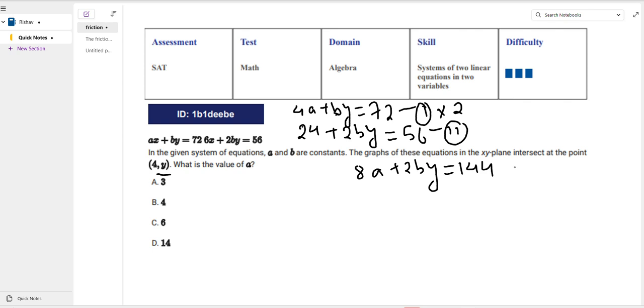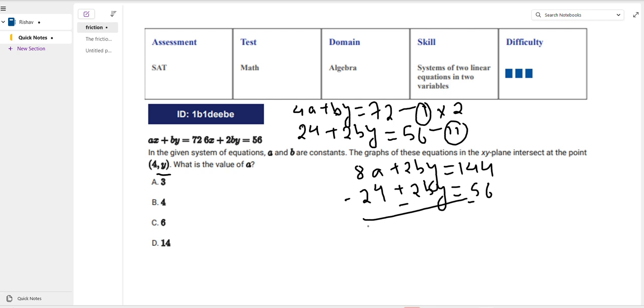So the refined version of equation 1 becomes this. Now let us subtract equation 2, which is 24 plus 2by equals 56, from the above equation.